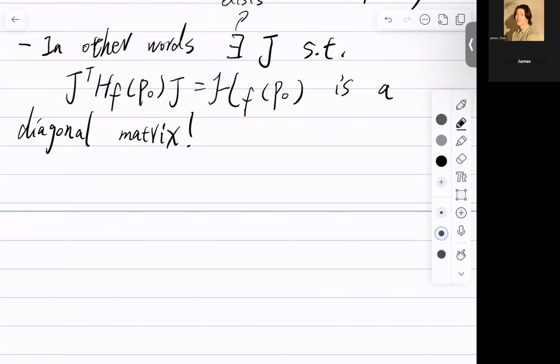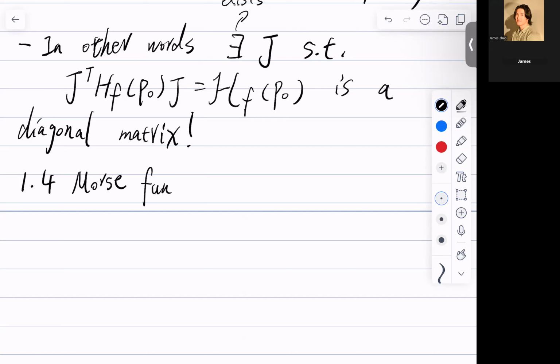So let's give it a heading. I realized for the last lecture, I typed everything in LaTeX, but I haven't given them the proper heading. So right now it's actually supposed to be section 1.4, but I will make sure to memorize this next time. Anyways, we can talk about Morse functions on surfaces.